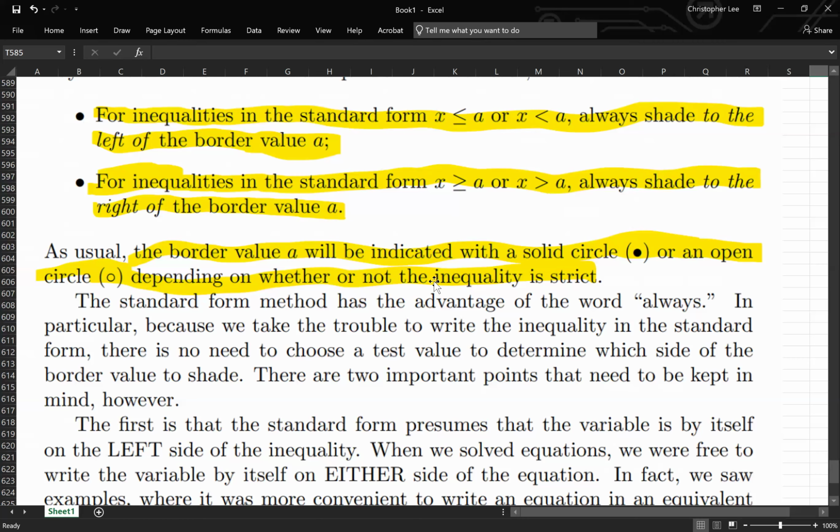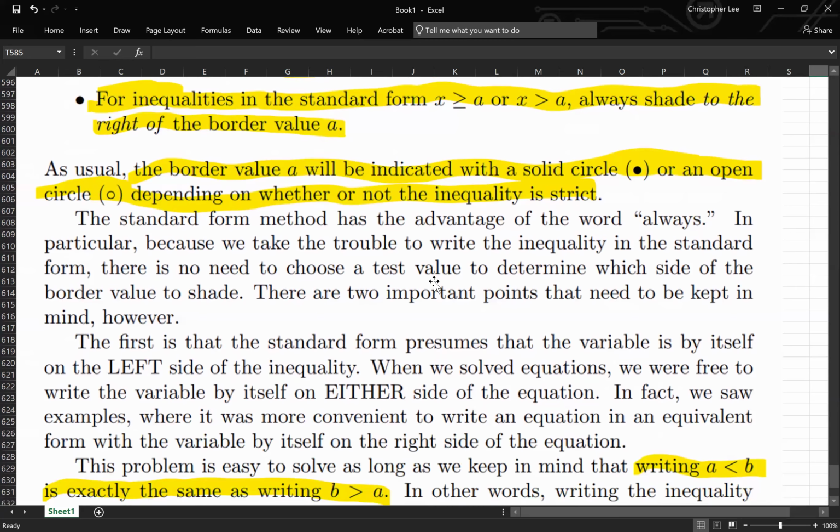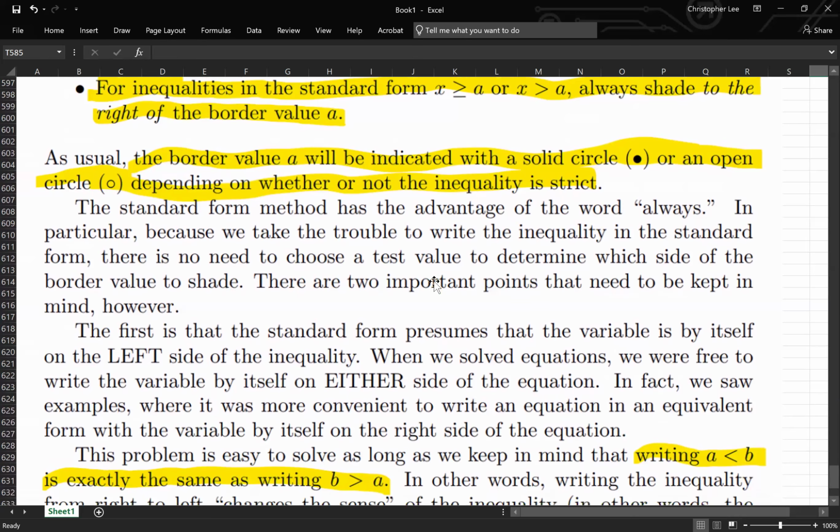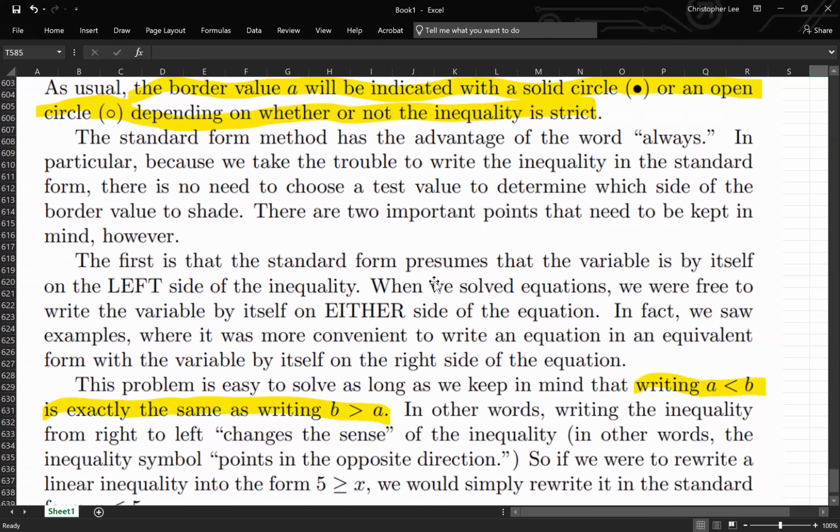However, the first is that the standard form presumes that the variable is by itself on the left side of the inequality. When we solved equations, we were free to choose to write the variable by itself on either side of the equation, right? In fact, we saw examples where it's more convenient to write the equation in an equivalent form with the variable by itself on the right side of the equation. The problem is easy to solve as long as we keep in mind that writing a less than b is the same thing as writing b is greater than a, right?